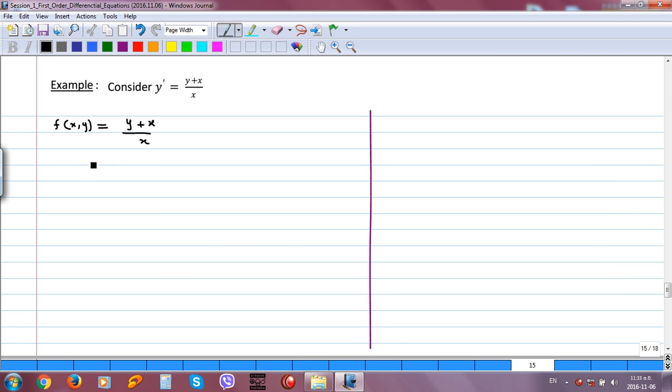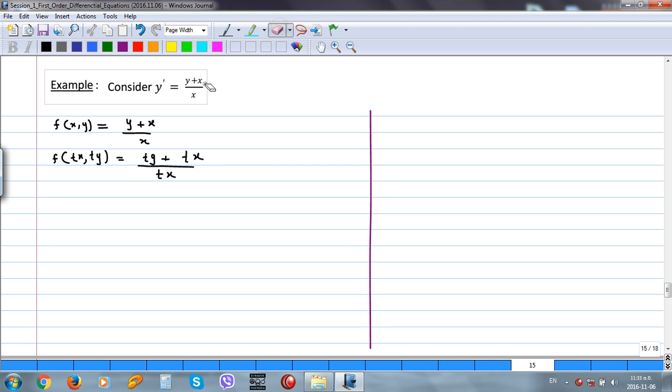So we need to find f(tx, ty): instead of y we write ty, and instead of x we write tx, so (ty + tx) / tx.